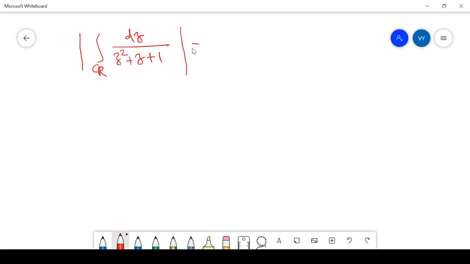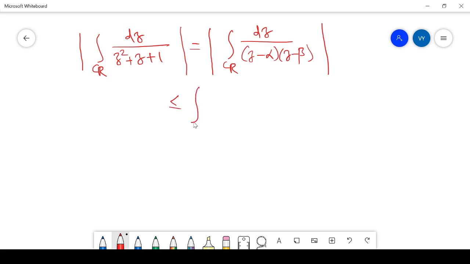I can write this as modulus of integral over CR dz by z minus alpha into z minus beta. This will be less than or equal to integral over CR modulus of dz by modulus of z minus alpha into modulus of z minus beta.